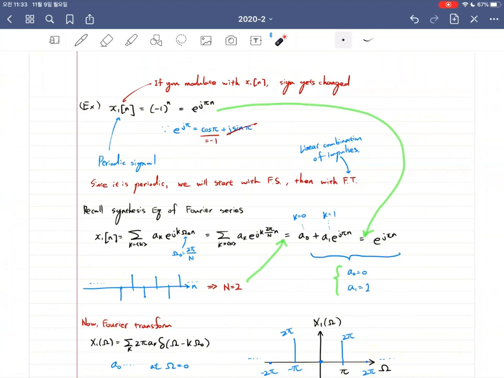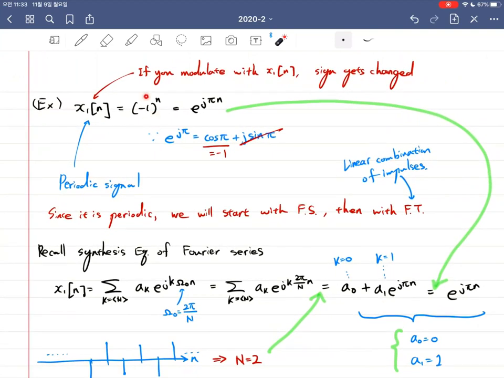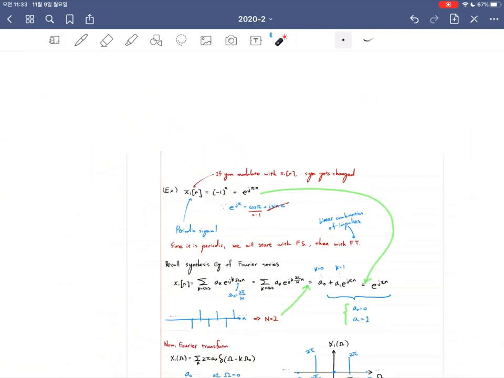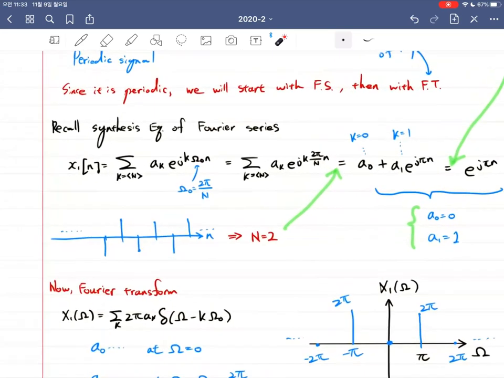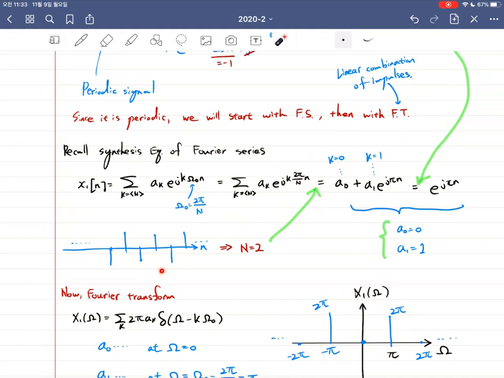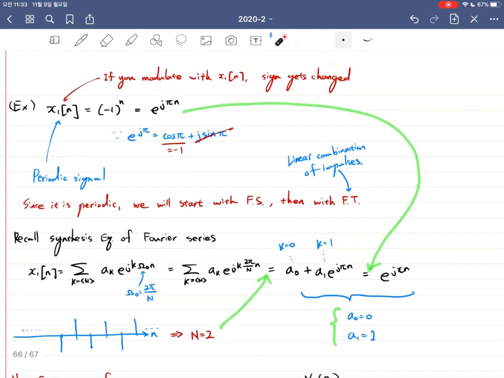One of the signals is expressed as (-1)^n, and this signal is very simple, so we can determine the Fourier series coefficient in a very simple way just by comparing the synthesis equation and the exponential form like this.